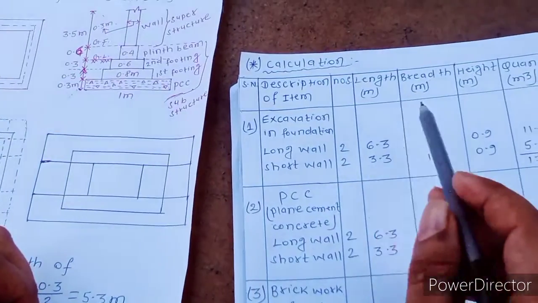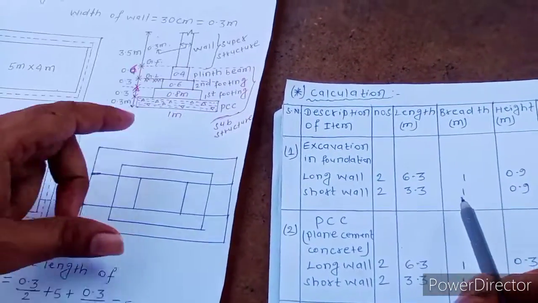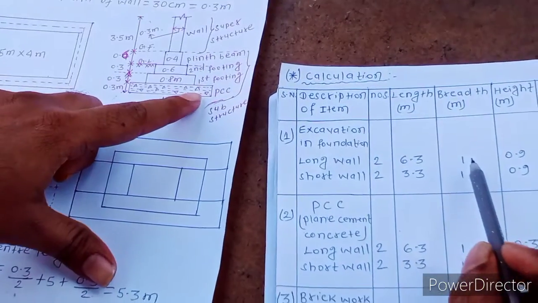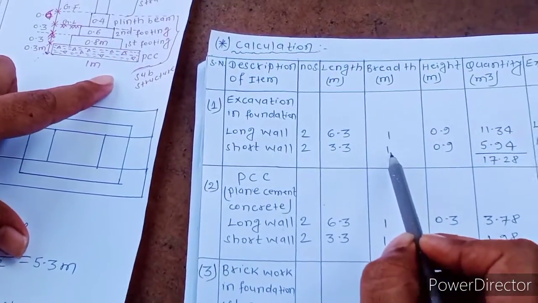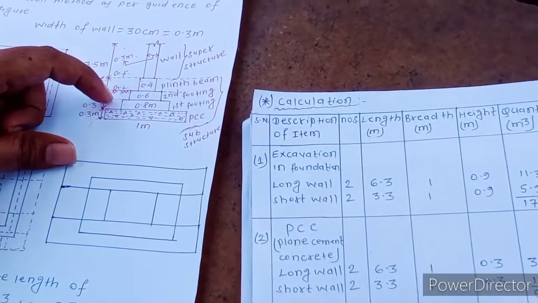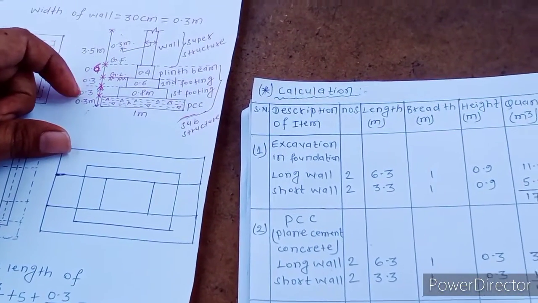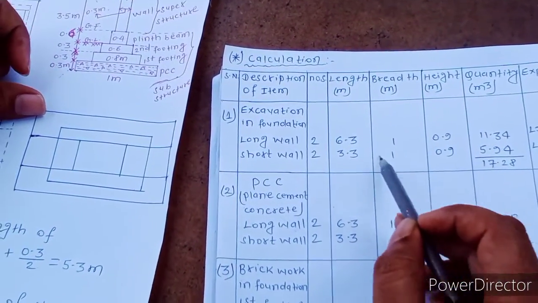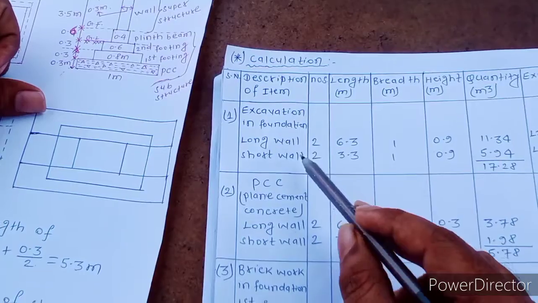So here the breadth of this last foundation is 1 meter. In the short wall also 1 meter. And the height below the ground level becomes 0.3 into 3, so it becomes 0.9 meter for both the long wall and short wall.